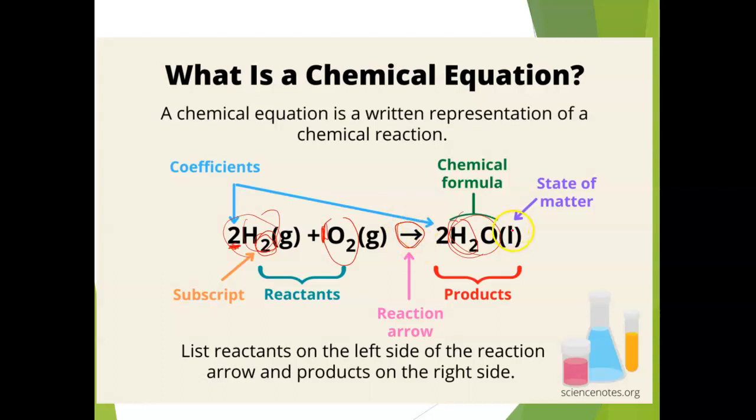And then these letters, either S, L, or G, indicate the state of matter. So in this case, G is a gas, so it's hydrogen gas, oxygen gas, and then water, H2O, is going to be in the form of a liquid. So by looking at all the information that's provided, we can tell a lot about what's happening in the chemical equation.